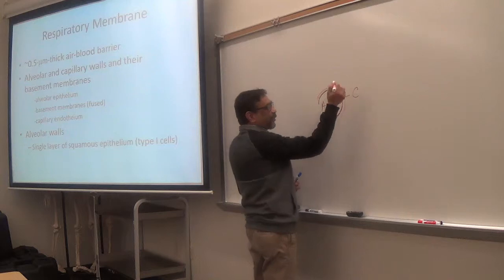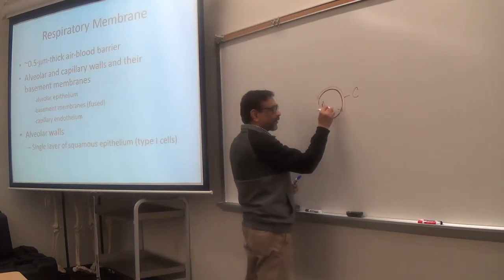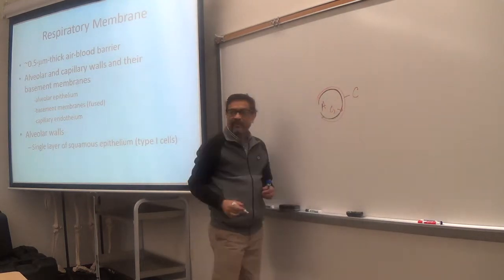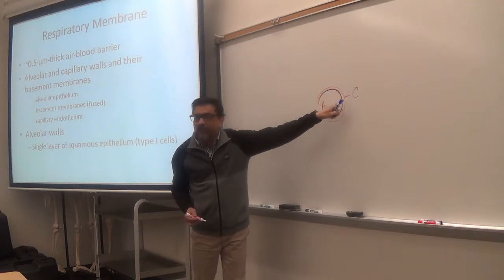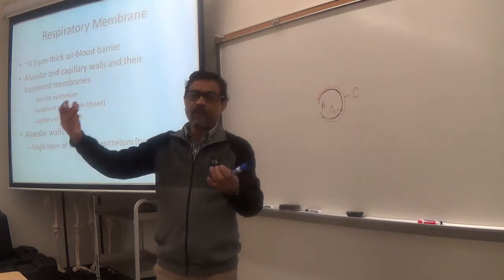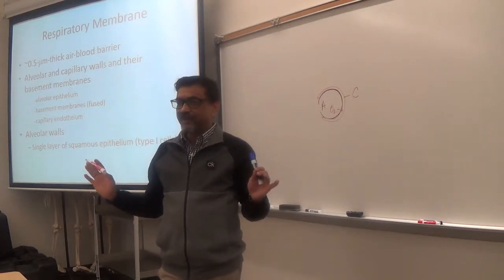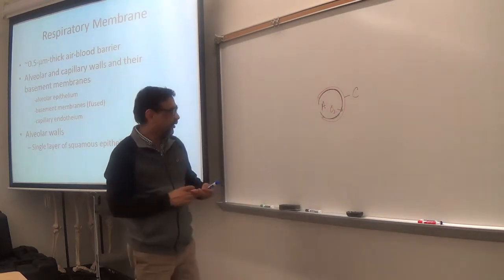In the lung, you already remember that blood goes to the lung to get what? Oxygen. So from the alveolus, oxygen will go to the blood. And carbon dioxide always goes in the opposite direction. You remember I said that is the rule. So if you know one, you know the other.